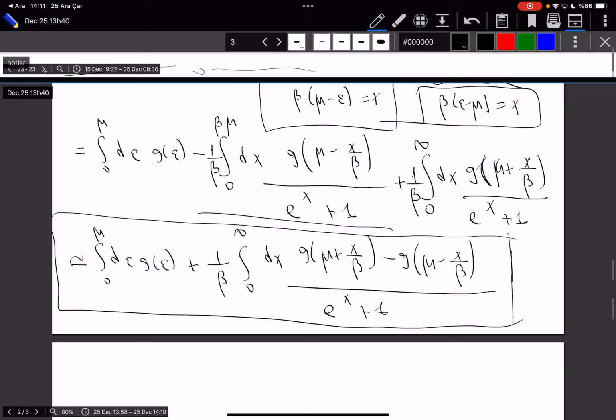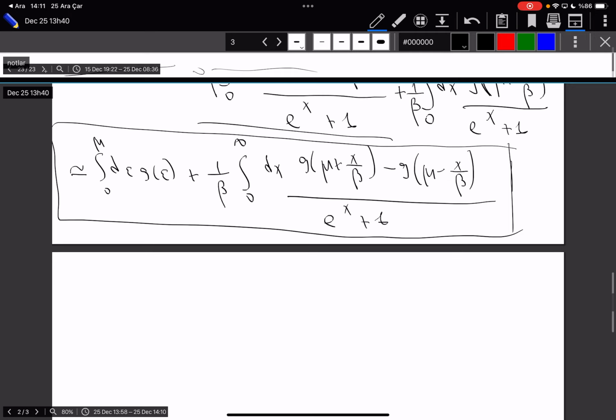The contribution will be from reasonable values of x because of that exponential in the denominator. So x is a reasonable number, not very huge, beta is a huge number, x over beta is a very small number, so I can Taylor expand in x over beta within that integrand. So that is what I will do next.